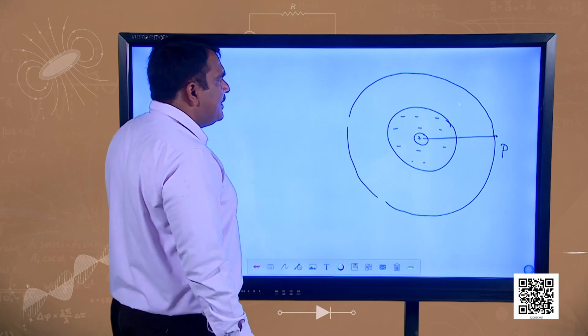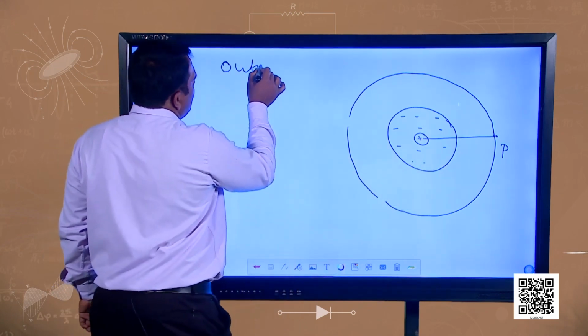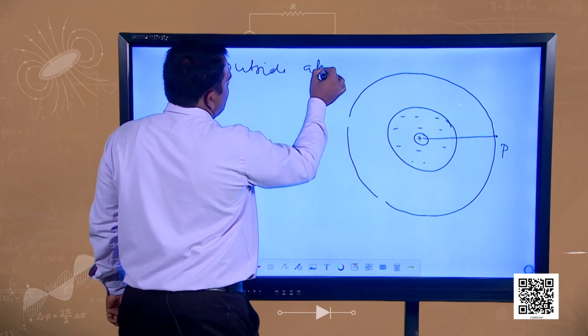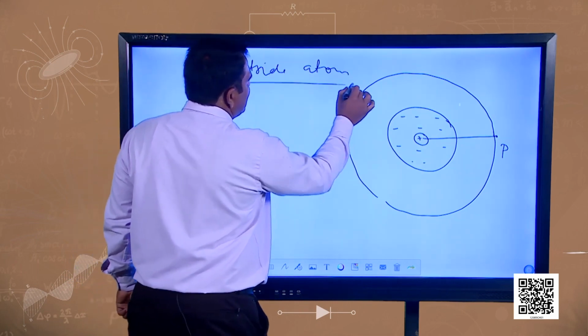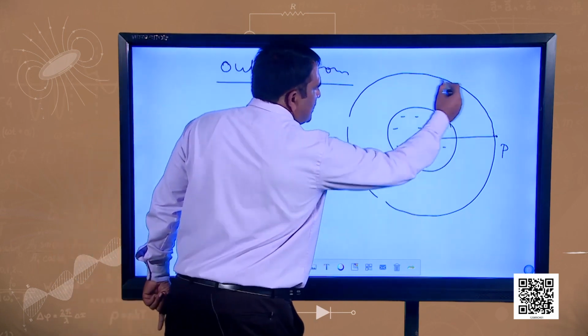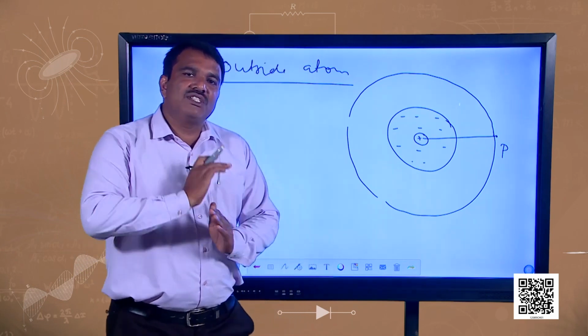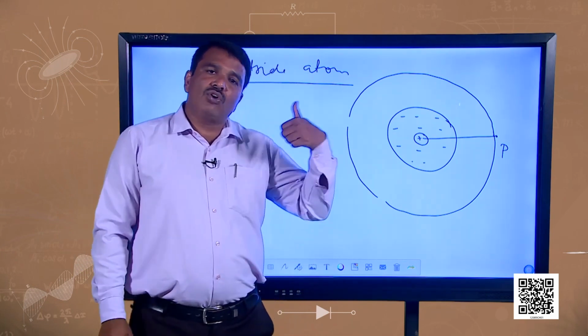So if we want to find electric field at this point P outside the atom, again you can find the electric flux through this Gaussian surface in two ways. Number one, by using the general formula, then by using Gauss's law.